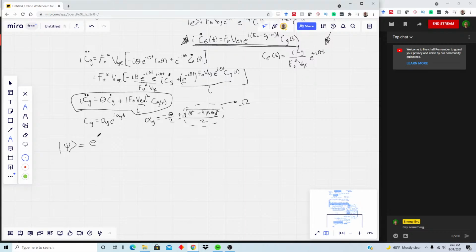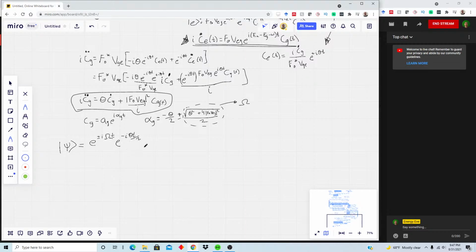We have the exponential. We have the plus or minus capital omega times another exponential, e to the i theta t over 2. Remember, this omega we solved right here, this value.